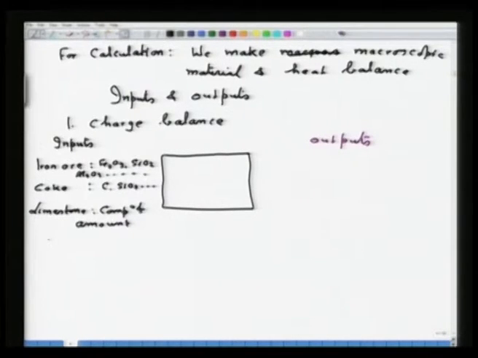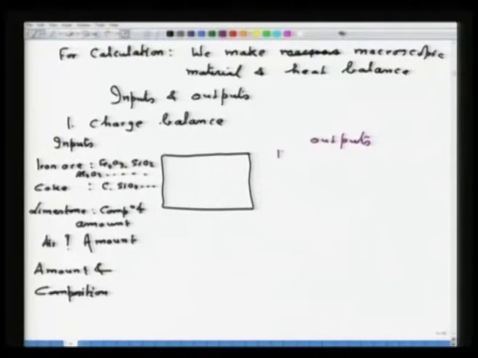And also input consists of air, its amount. So, of this input side the important is amount and composition. So, in a macroscopic balance we are only concerned with the inputs.